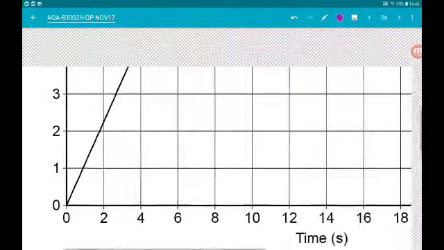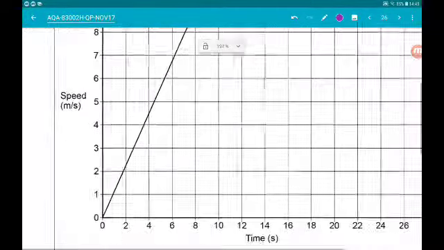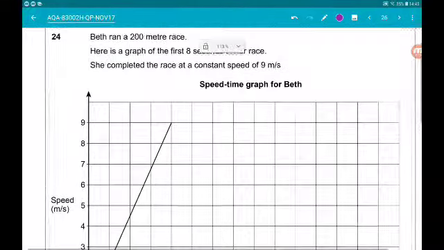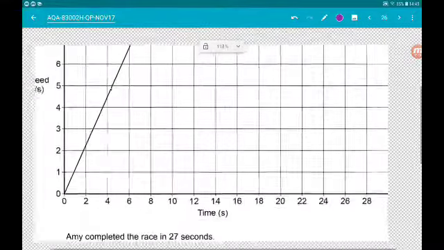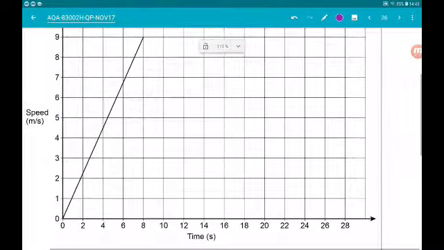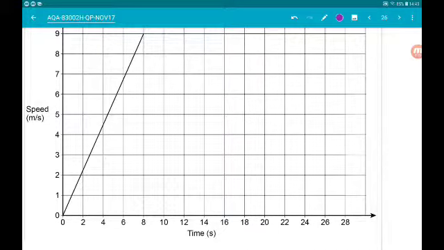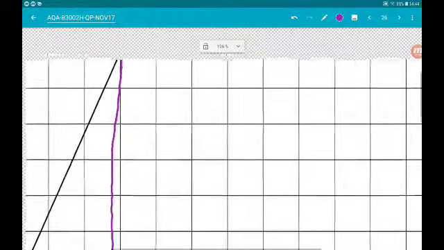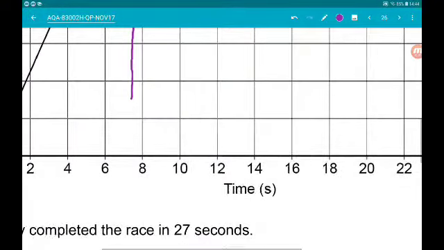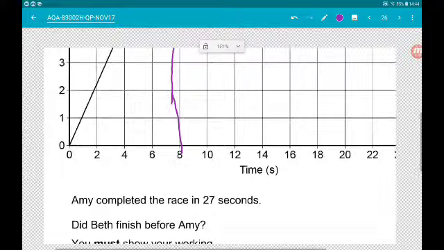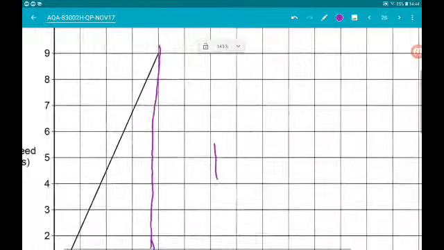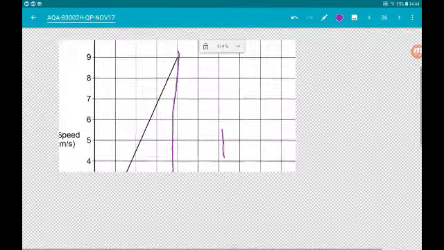So let's work out how far Beth has run in the first 8 seconds. So we want to work out the area of this triangle. Good to see my drawing. It is amazing, as always. So, this triangle has a base of 8 and a height of 9.